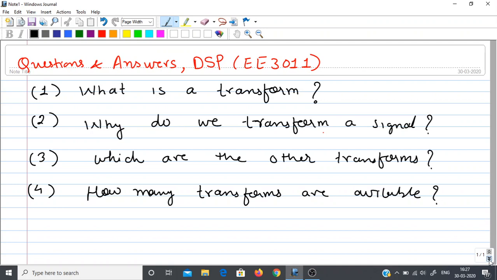So, first question first. What is a transform? Transform is another way of expressing a given signal.